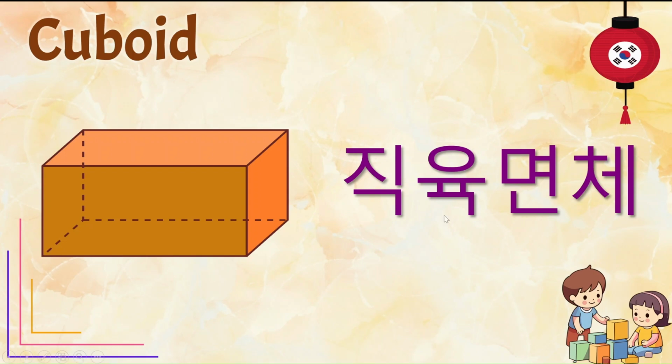Remember, the difference in their name comes with the first syllable. In case of cube, it was 정육면체, and in case of cuboid, it is 직육면체. So the first syllable differs in both these names. Okay? Remember the difference between the name of a cube and a cuboid.